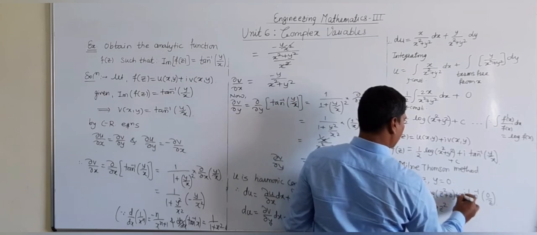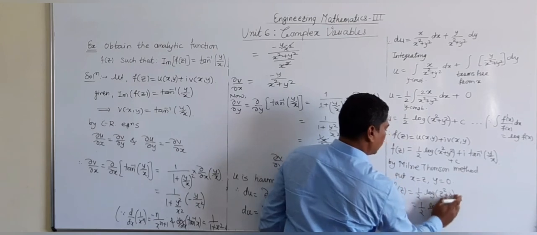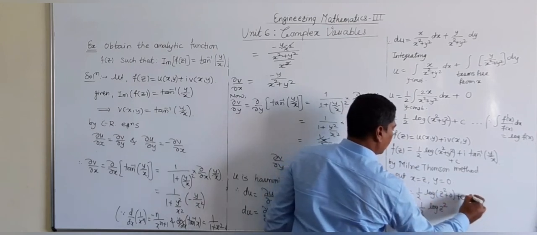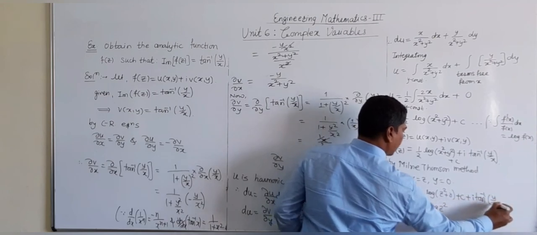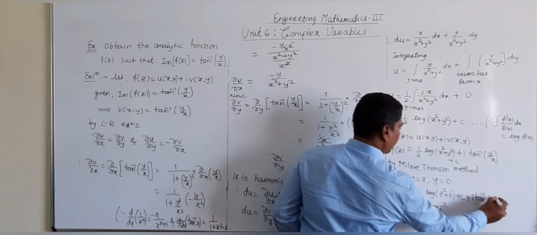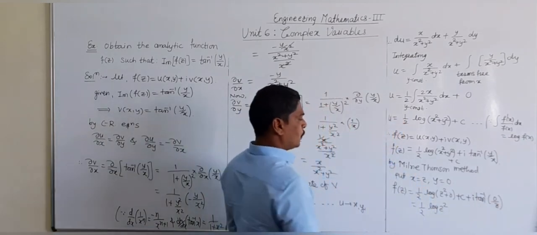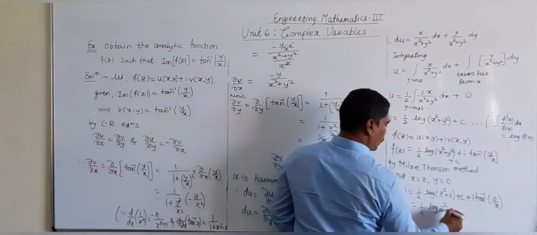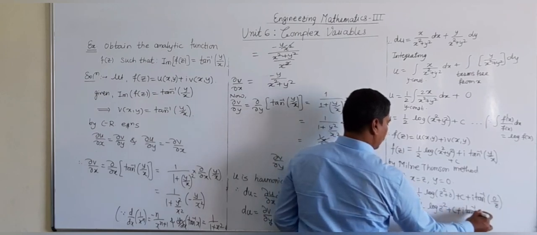Instead of y we are replacing 0, and instead of x we are replacing z, so we get plus c plus i into tan inverse 0.